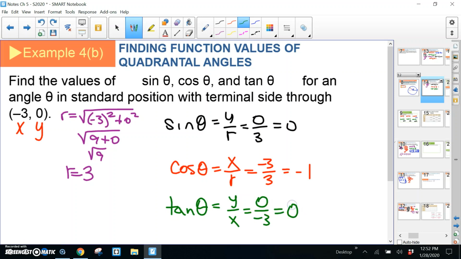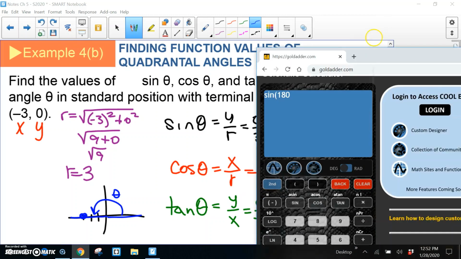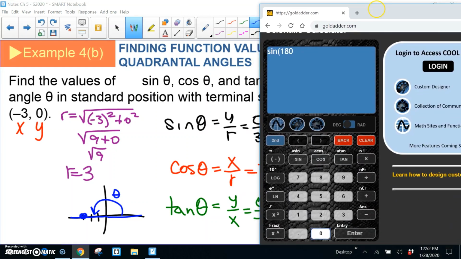That is 0. Okay. So imagine, if I drew this picture, does anybody know what angle I would be representing? Not 0. If I draw the point negative 3, 0, and think about that angle, that's 180. Okay, so if I went over onto a calculator and typed in sine 180, I should get 0.